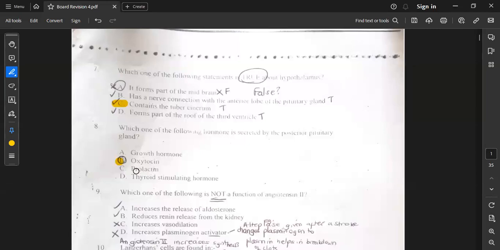Yeah, so for number 9, they're saying that vasodilation is not a function of angiotensin 2.